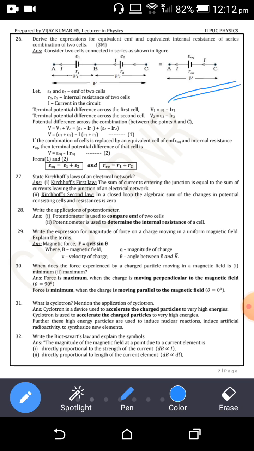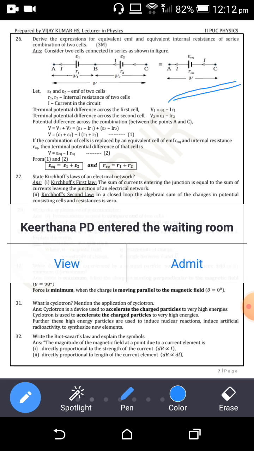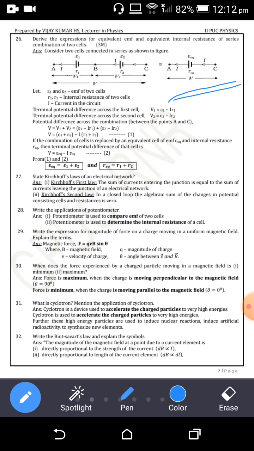Now the potential difference across the combination between points A and C, the terminal potential difference, is V is equal to V1 plus V2, which is E1 minus IR1 plus E2 minus IR2. So the same step can be written as V is equal to E1 plus E2 minus I into R1 plus R2, which is equation 1.